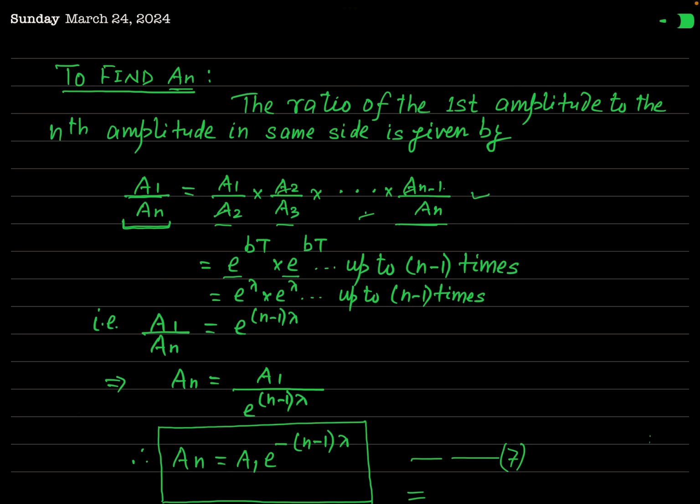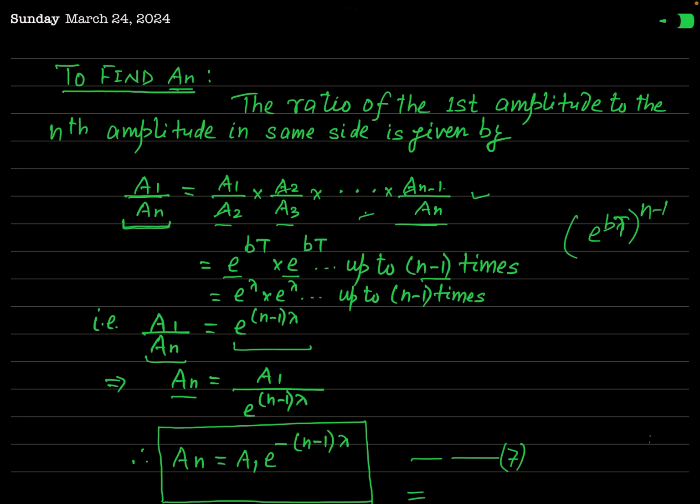So you can write e to the power bt, e to the power bt, so on up to n minus 1 times. So we will put a power n minus 1 on it, and not n times but n minus 1 times. And so A1 by An will be equal to e to the power n minus 1 into lambda.